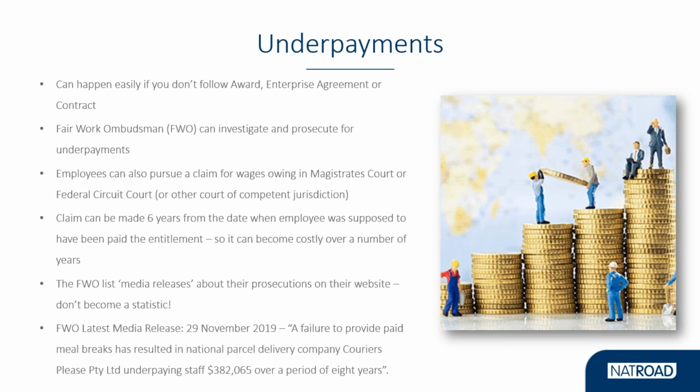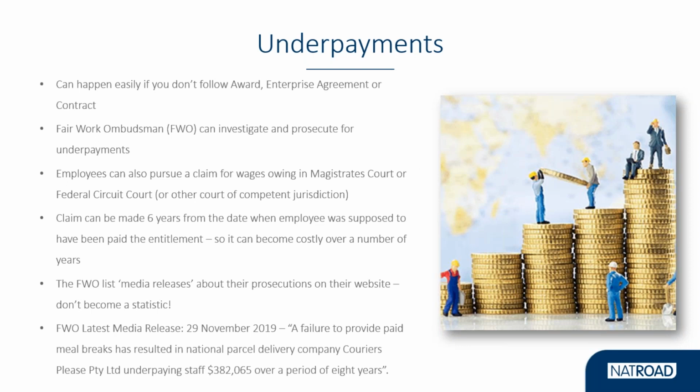And it doesn't take too many looks over recent media articles, newspapers, and other things like that, because at the moment, the Fair Work Ombudsman is regularly making media releases about their prosecutions, not only on their website, but in the media. And I think we've all seen those with some pretty high profile restaurateurs, other businesses, more recently Woolworths and others, where they've either self-reported or an investigation has commenced into the business.